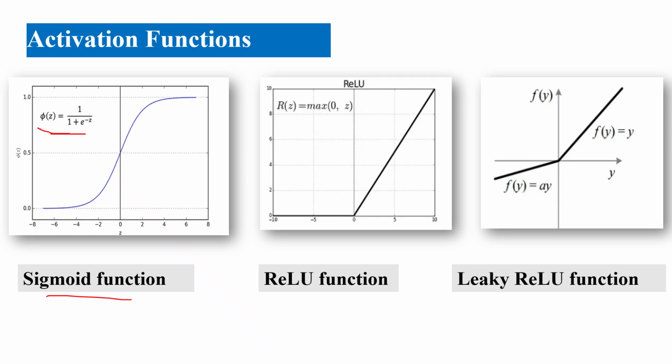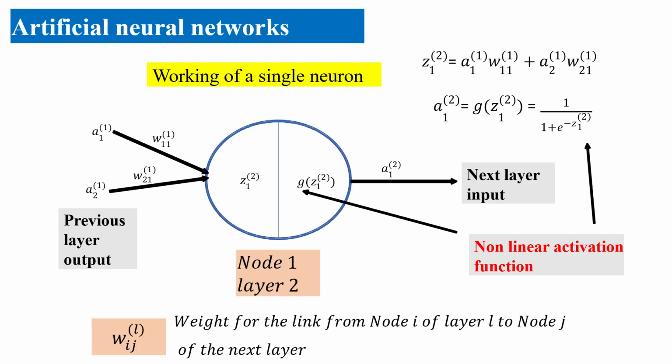ReLU is y equal to x for non-negative values, and otherwise it is 0. So it is basically max of 0 or z. And leaky ReLU allows some component even when the value is negative. In ReLU, for negative values we get 0, but here we have some small value. So these are some activation functions.